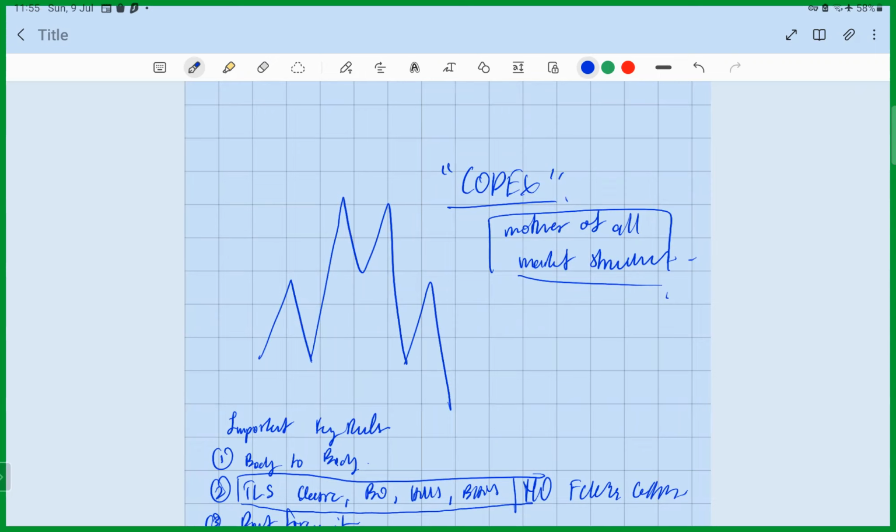Okay, so the mother of all market structures, right? So let's see what you guys know. Okay, so you all have your notes, okay? If this is 1, this is 2. What is the trend line now? 1.